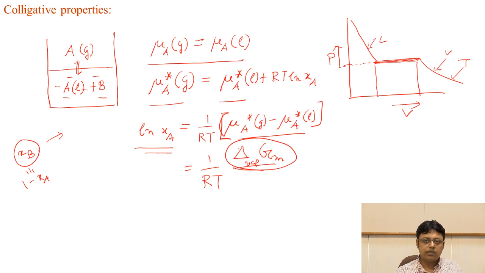So this XA we just have to replace by 1 minus XB, or the other way, XA can be replaced as 1 minus XB. But the question is, how will you get the delta T equation? Now if you remember that we used a Gibbs-Duhem equation where we talked about the variation of delta G with respect to temperature, and that was connected to the enthalpy.